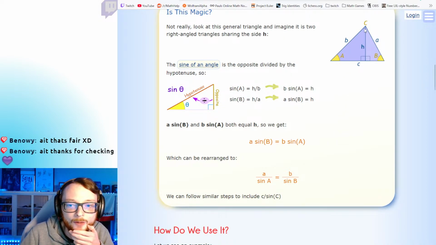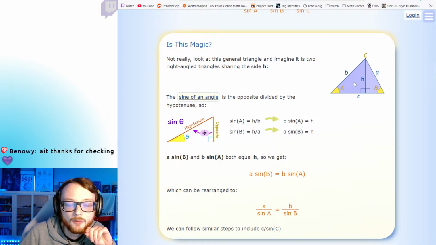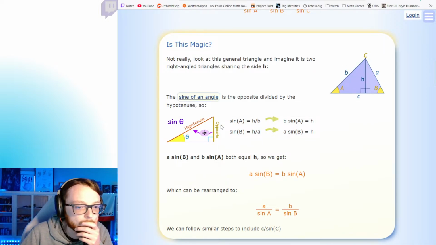Oh, it just comes from dropping, like you can think of any triangle as two right triangles side by side, like they drew right here. And the law of sines follows from taking the sine of each of these smaller right triangles. That's kind of neat. I never actually knew that. So yeah, I would just look at this, Electric Geek.